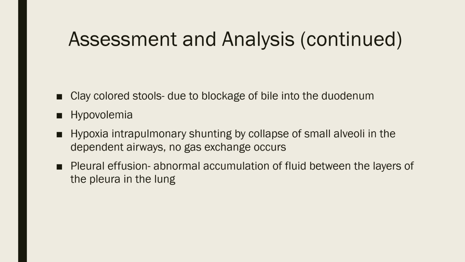Hypoxia, intrapulmonary shunting by collapse of the small alveoli in the dependent airways. So there will be no gas exchange. No gas exchange. We may see pleural effusion, which is an abnormal accumulation of fluid between the layers of the pleura in the lung.